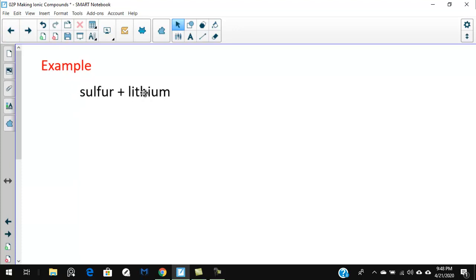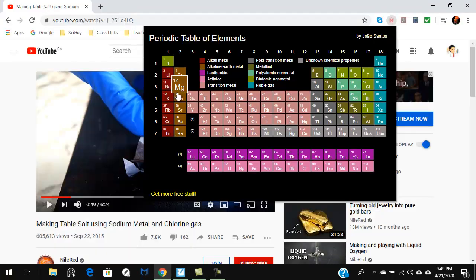So we've got sulfur and lithium. So we're going to do the same things. Write down the atoms, what they look like. So sulfur and lithium. So we need to go look those up on our periodic table. So I'll go back to my browser here. Sulfur is here in group 16, and lithium is in group 1.